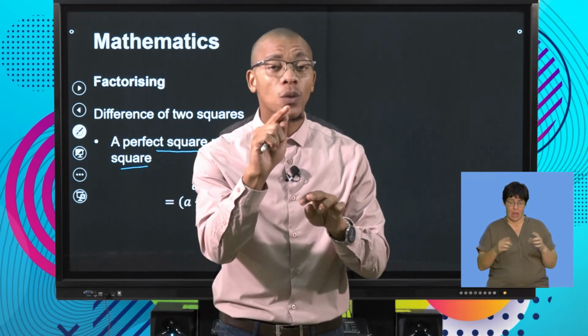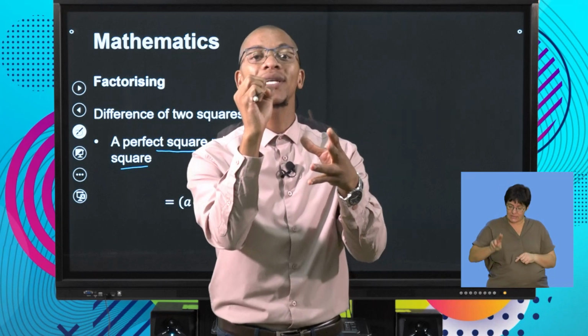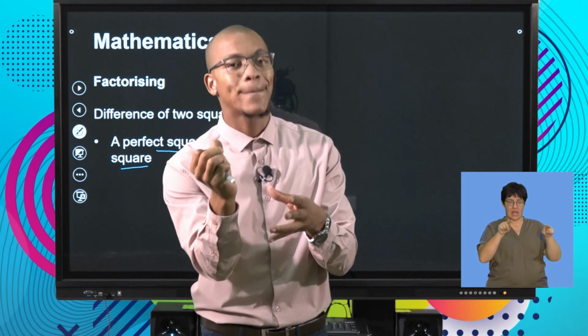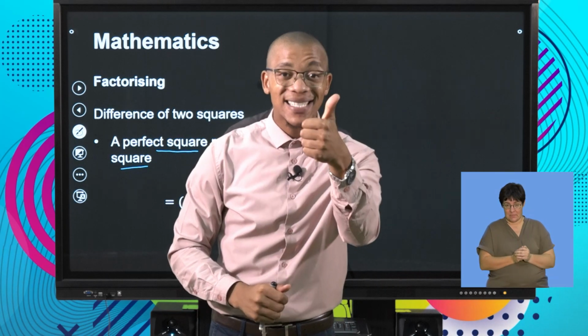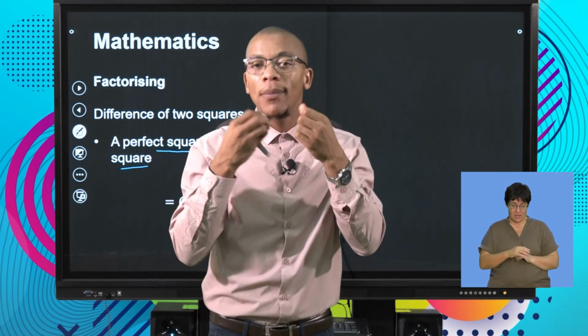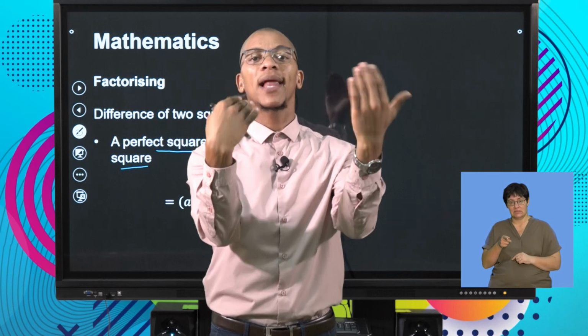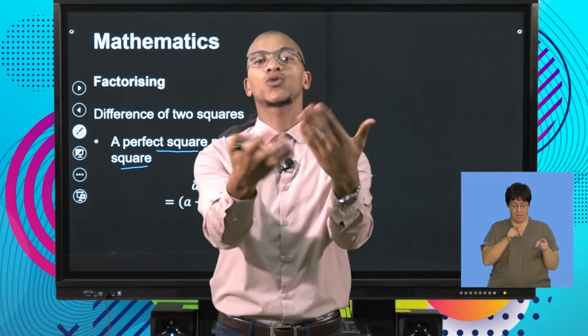A perfect square will be a variable that is raised to an exponent that is an even number. So 6 as an exponent is a perfect square. Why? Because remember, the actual definition of a perfect square is a number such that I can multiply two numbers that are the same to get it.